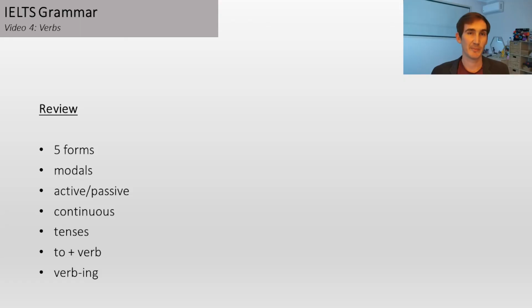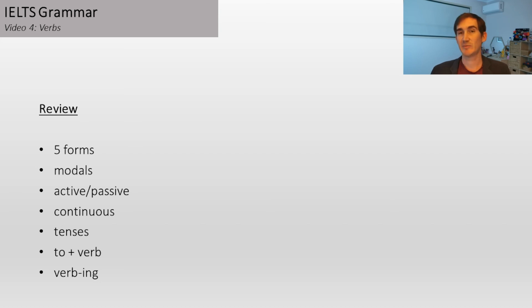So that's the basics of verbs, right? Let's review what we've done in this video. We did the 5 forms of verbs. So they were base, present, past, PP, and verb-ing. We did modals, for example, should, can, could, would, may, might. They always go with the base verb. We did active and passive.